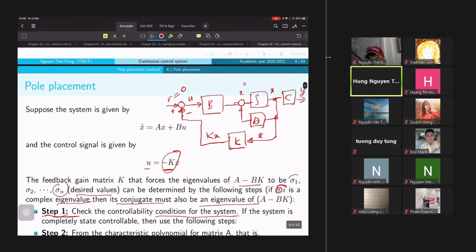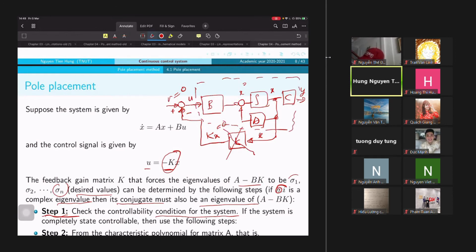I have to explain again: if you have no K, or K equals 0, then u equals 0. So in this case, we have no feedback loops. So we have an open loop system.